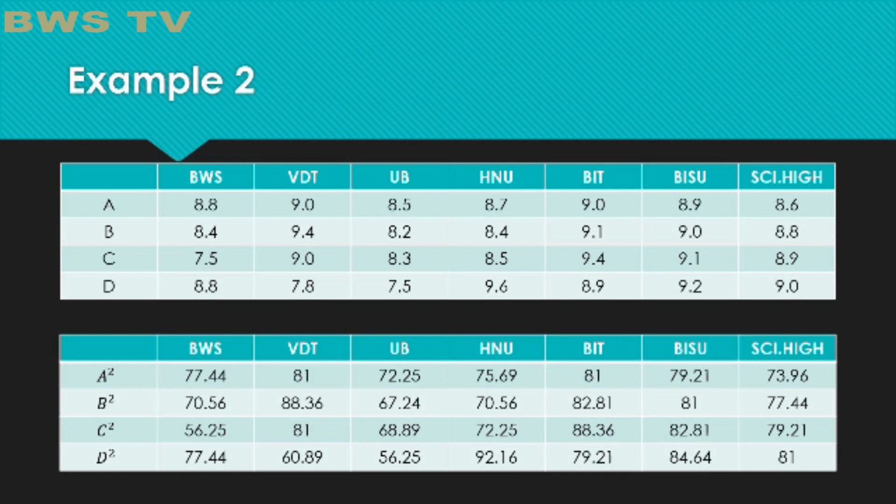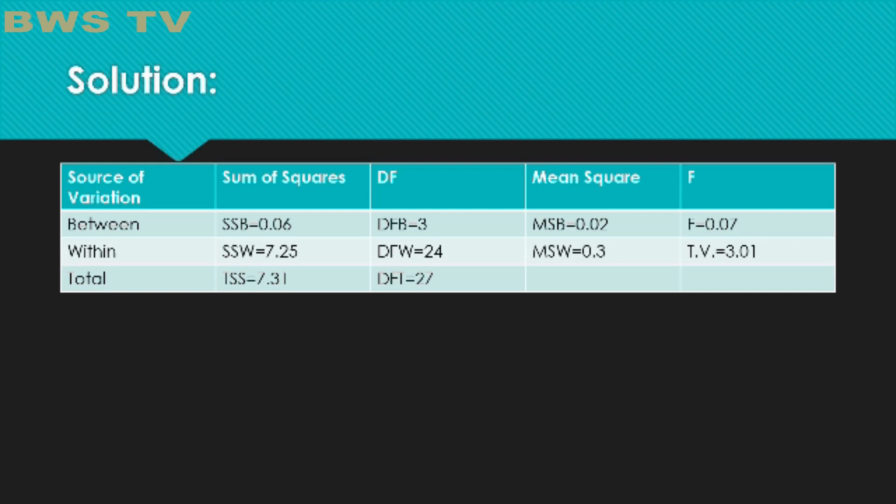Example number 2. The given are BWS, VDT, UB, HNU, BIT, BISU. Solution. Source of variation: between, within, total. Sum of squares: SSB is equal to 0.06, SSW is 7.25, TSS is equal to 7.31.